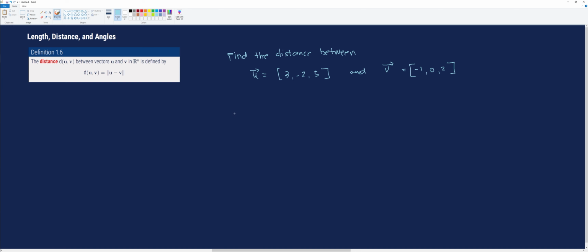To find the distance between the two vectors, the first thing that we need to do is to get the difference between the two vectors, which is 3 minus negative 1, negative 2 minus 0, 5 minus 2. We perform the operation and get the new vector, and that is (4, -2, 3).